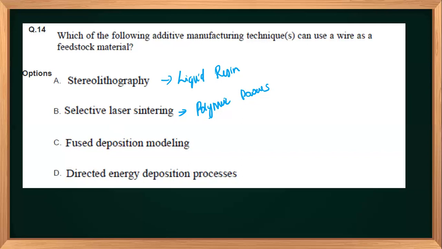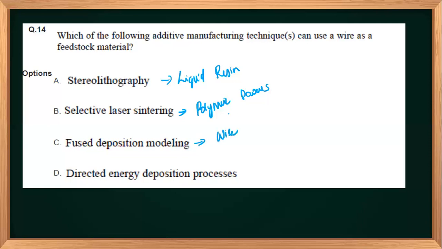It will slightly melt, and the cross linking of the polymers will happen between these powder particles, and that's how the solid material is formed. The rest of the things remain as powder itself. After the completion of the product, we can remove the powders and get the solid form. So that's the thing. Fused deposition modeling uses wire.